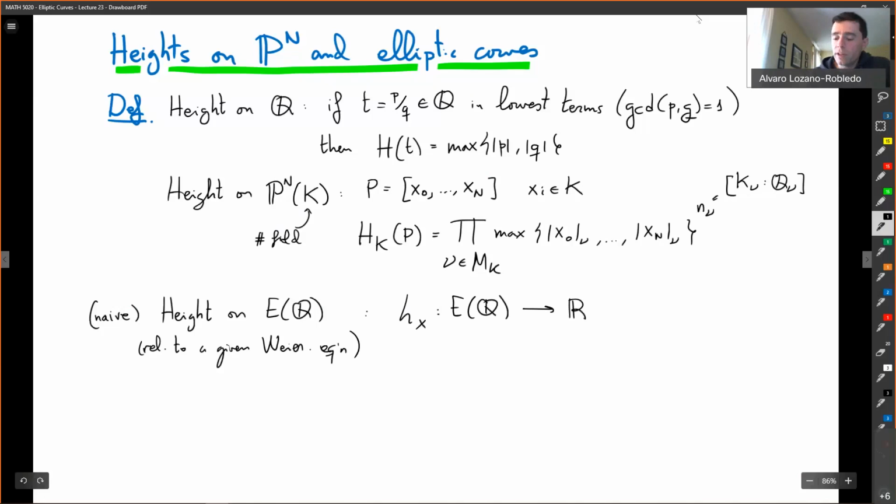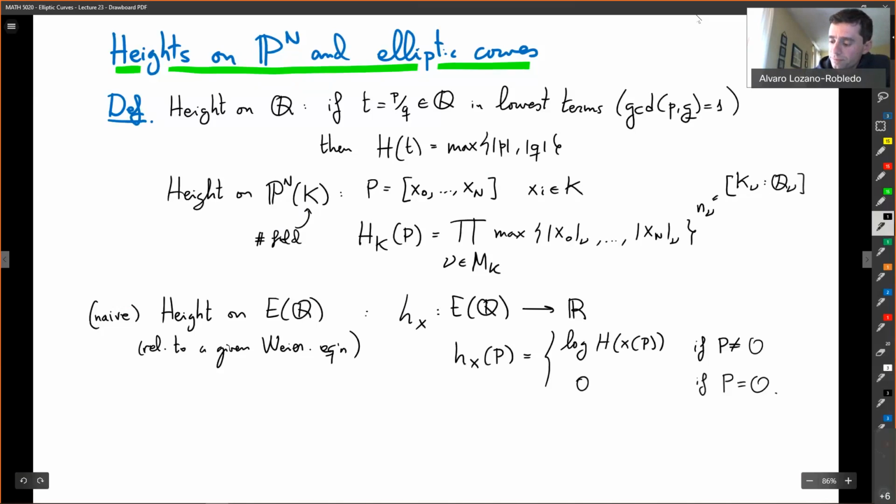The height of a point is the logarithm of the height of x if P is not O, the origin, and 0 if P is the origin. Okay. Notice that we take the logarithm of the naive height on rational numbers because, as you saw in that example that I had at the beginning, the height grows really fast.